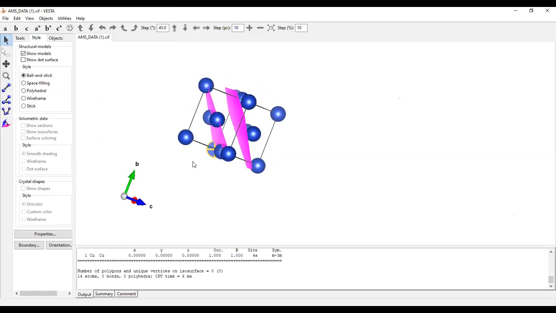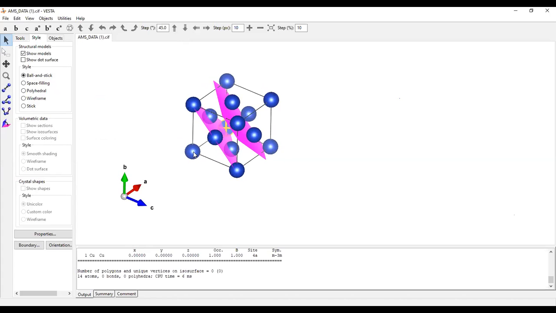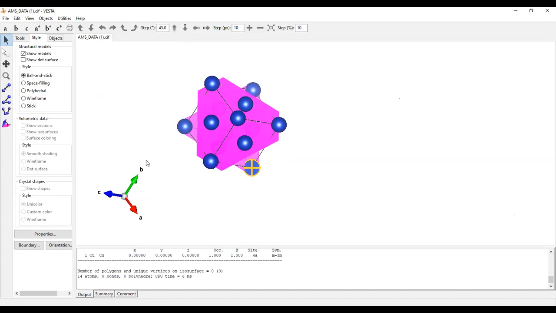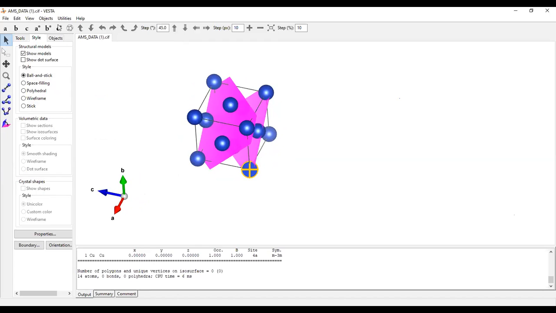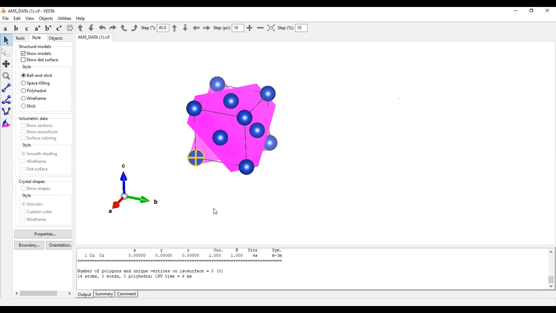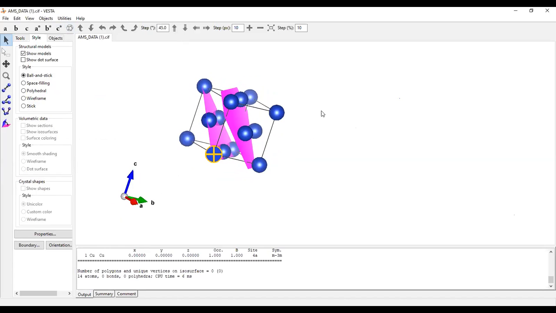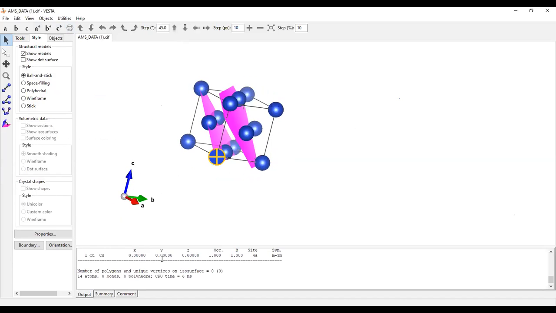Now I would draw another. If you look at this, these are two parallel triple one planes. This is your origin, right? So it is intercepting x at 1, y at 1, and z at 1. The same is true for this plane.